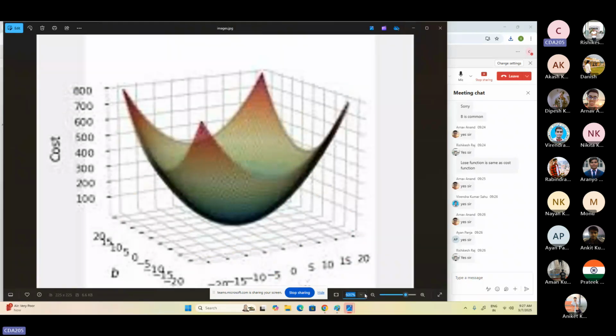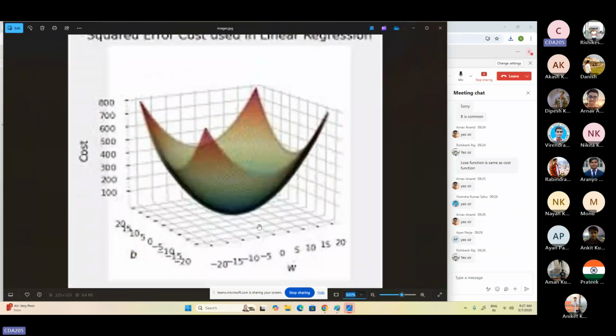So I think this ball structure you can see. This side is the cost, this side we have the weight, that is the slope, and this is B, the intercept. So we have to reduce the cost. This cost should be reduced. We have to find this local minima. Okay. So the cost will be reduced and we can find the value of M and B.